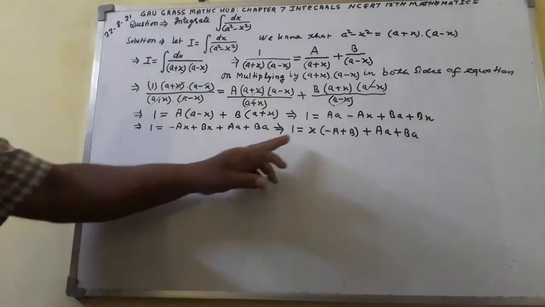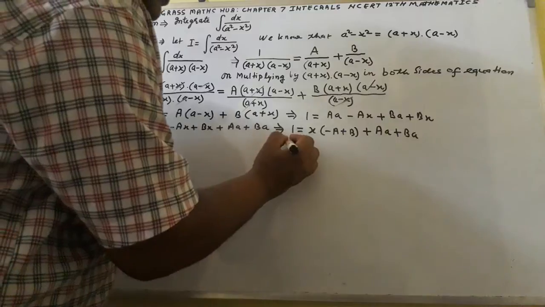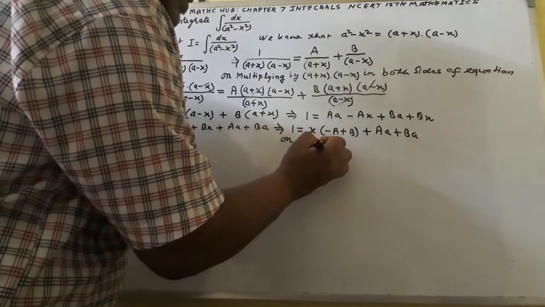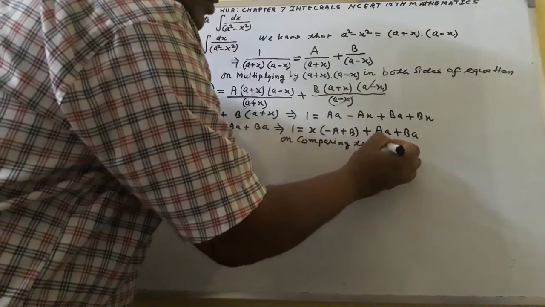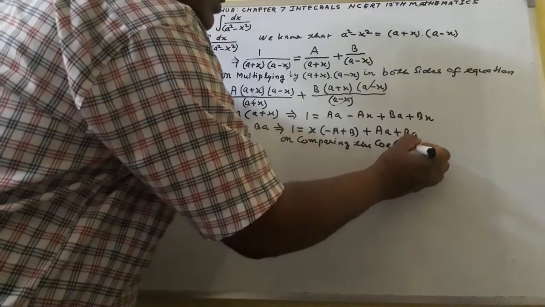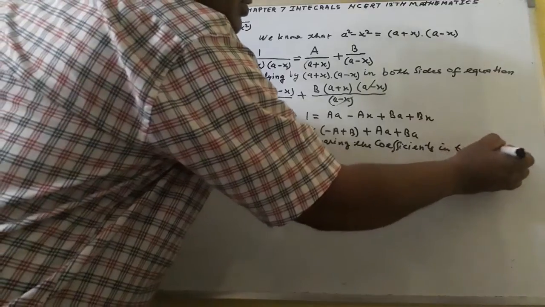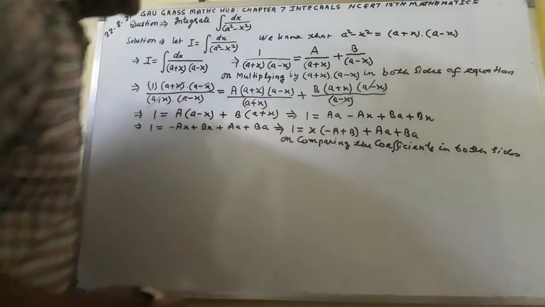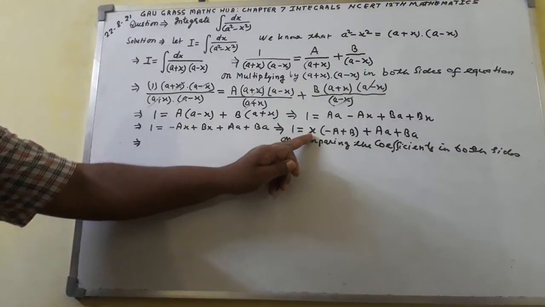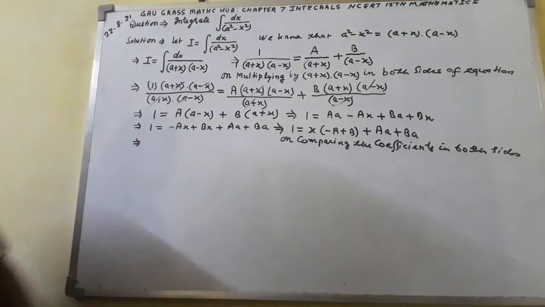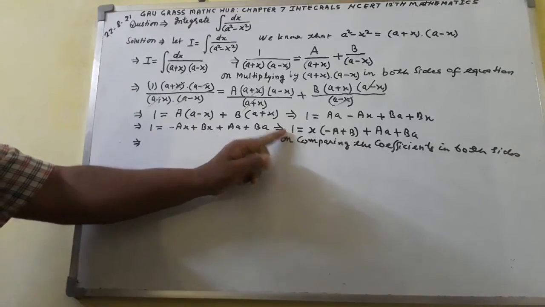Now on comparing the coefficient of x, so here I shall write on comparing the coefficients in both sides. We'll get here, implied that, you can see the coefficient of x is minus A plus B, and in the left hand side the coefficient of x is 0.